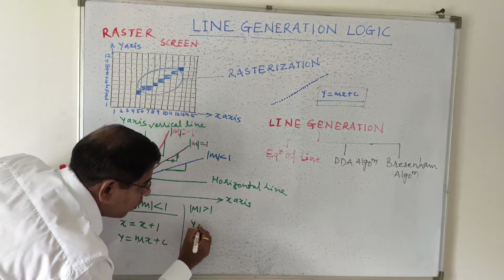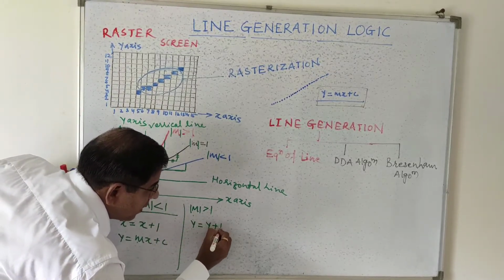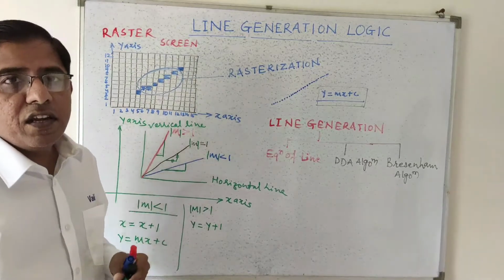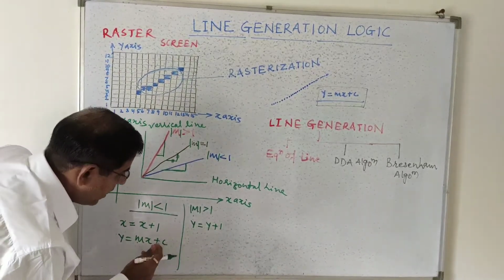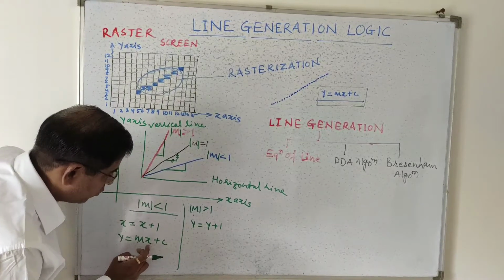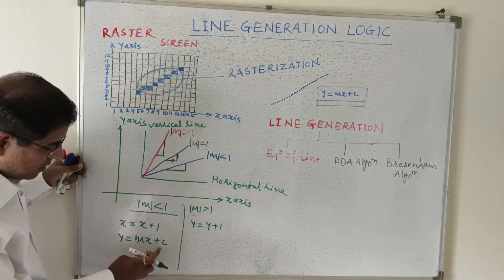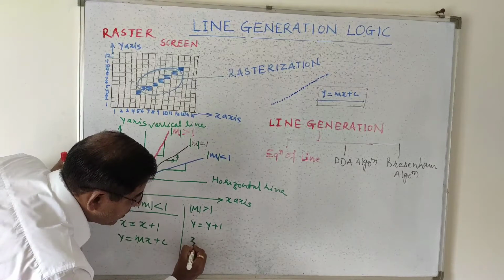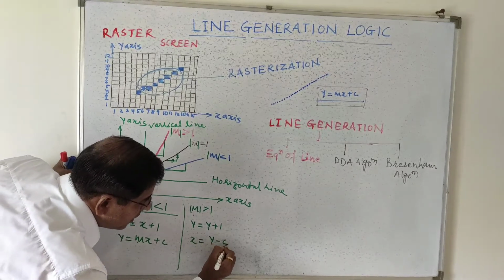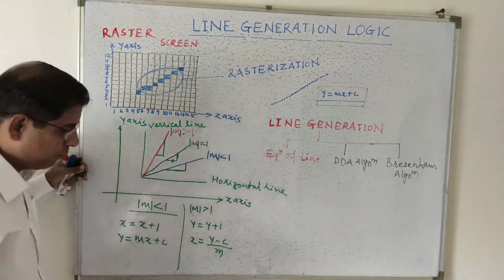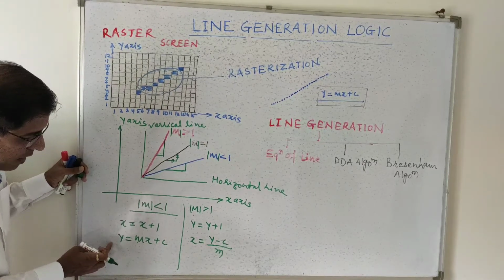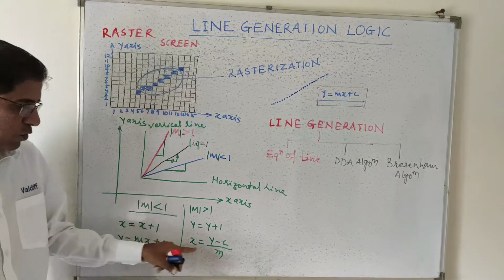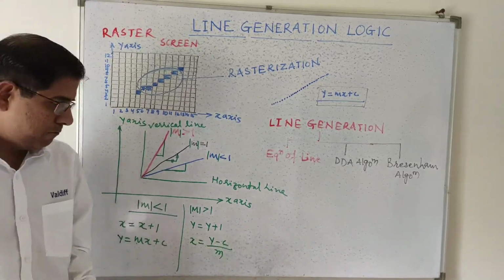So what we'll do is increment the value of y by 1 in every iteration and calculate the value of x by using this equation. So x can be calculated as x equals (y minus c) upon m. Bring this c to this side, so this becomes y minus c divided by m.